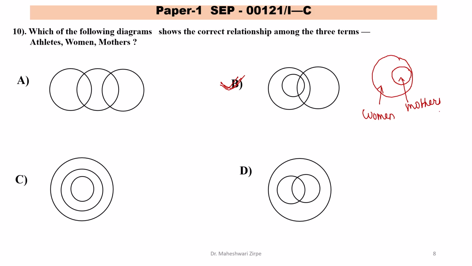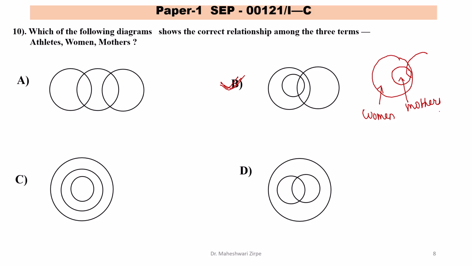Now, all mothers cannot be athletes, correct? They may be or they may not be. But they have not mentioned that all athletes are women athletes, only athletes. So they may be male or woman. Athletes may be male or woman. So what can we show?